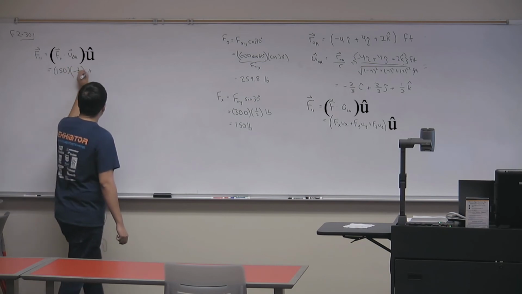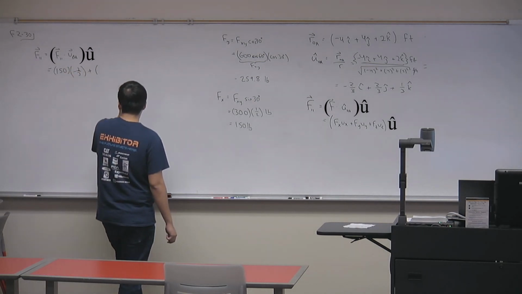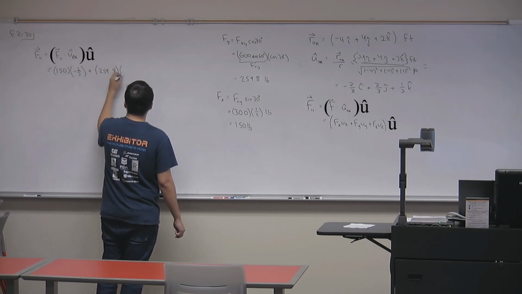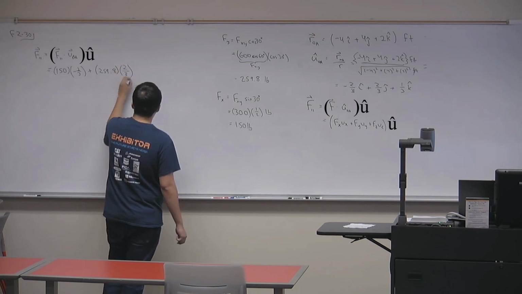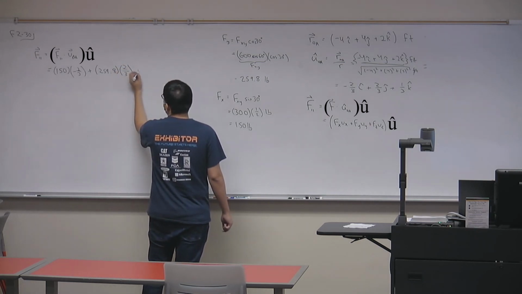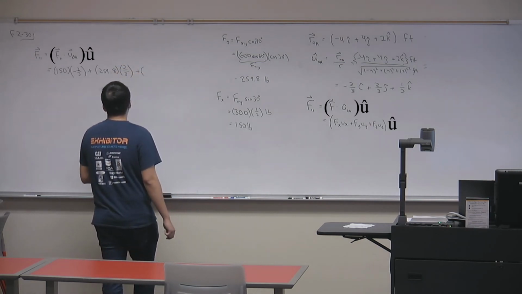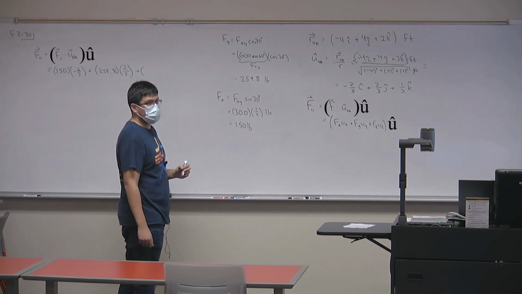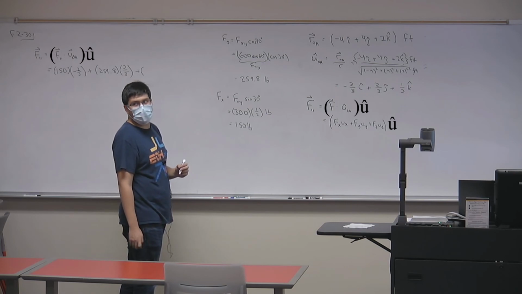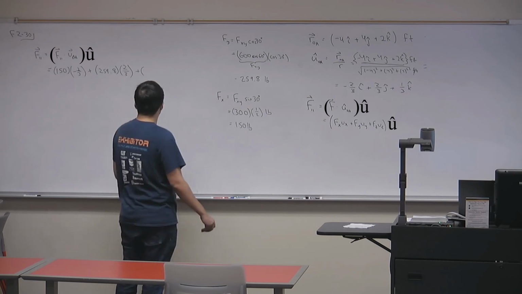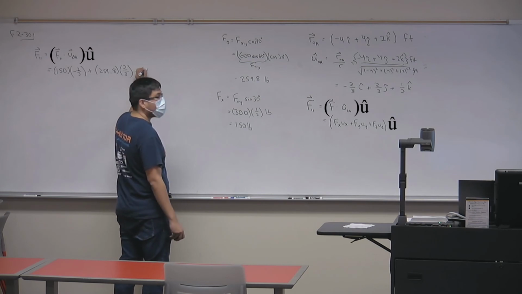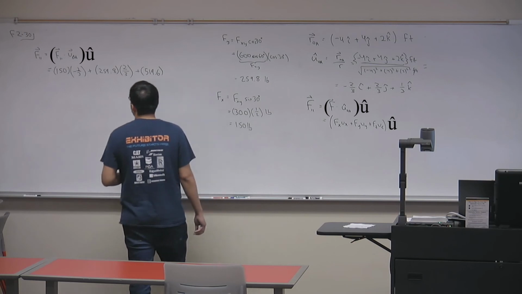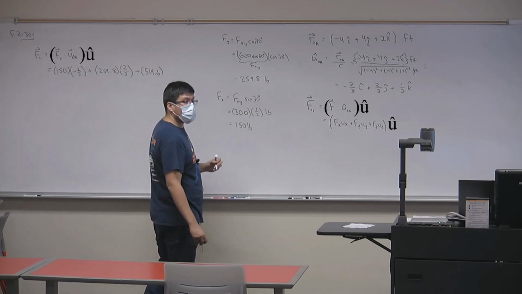Leslie, what's Fy? 259.8. What's Uy? 2/3. William Tyler, what's Fz? 519.6. What's Uz? 1/3. Thank you.